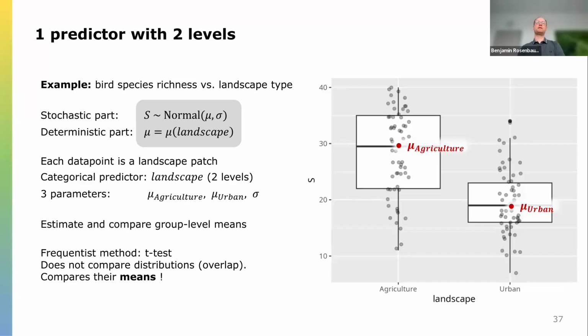And the stochastic part is that all the data points are normally distributed around their respective level means. So altogether we have 3 parameters, because we also have a standard deviation here. And you want to estimate and also, most importantly, compare the group level means.